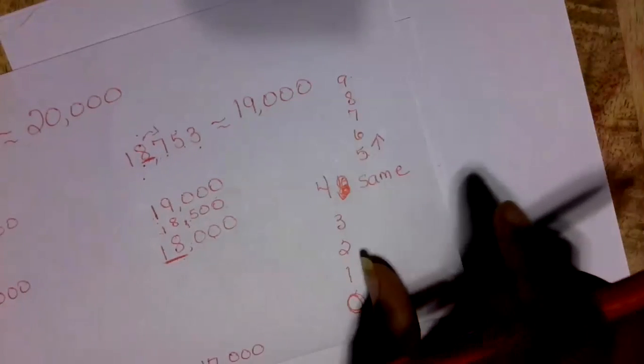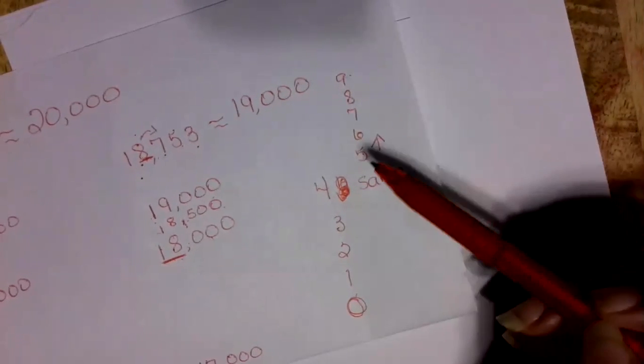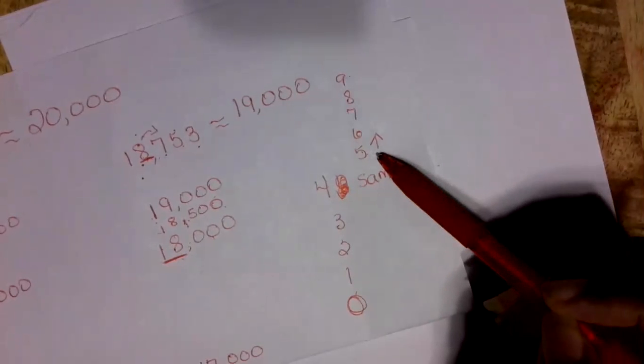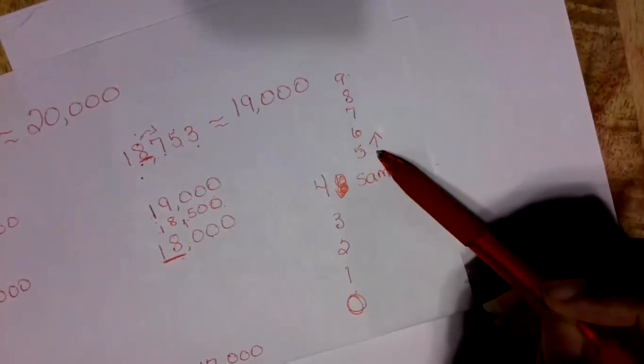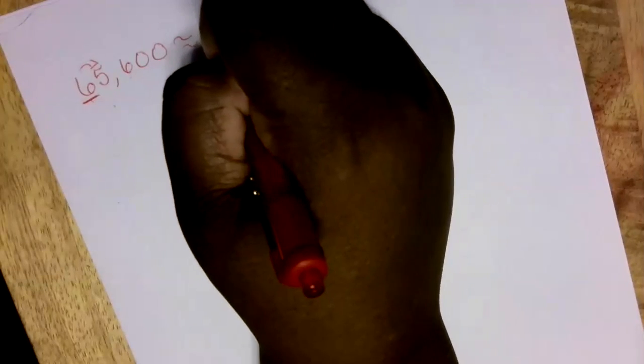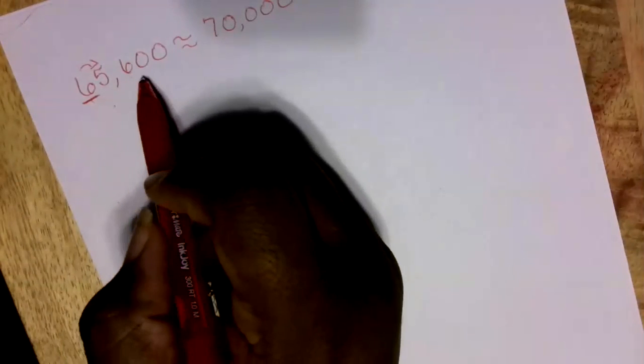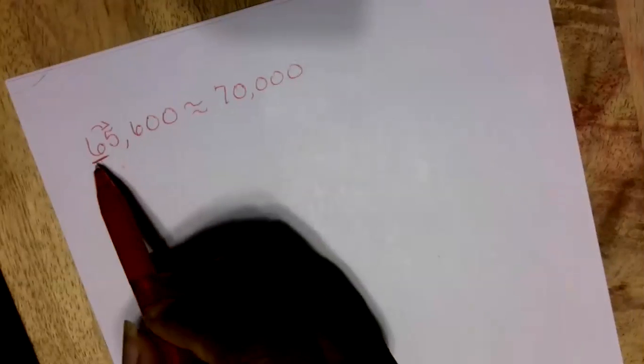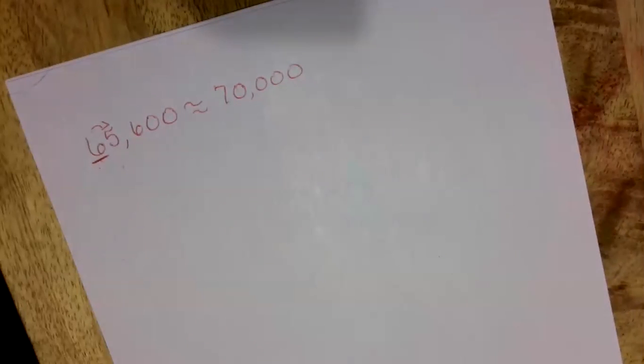So remember when we made this chart here, we said that 5, if the number behind the place value that we're rounding is 5, that it'll go up 1. So if that 6 goes up 1, it becomes 7, and everything behind it becomes 0. So I'm saying that 65,600 rounded to the nearest 10,000s is 70,000.